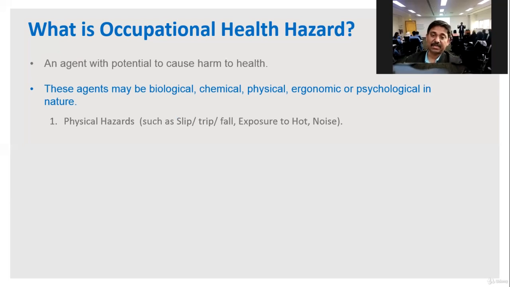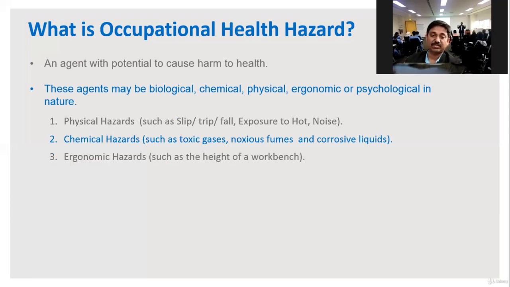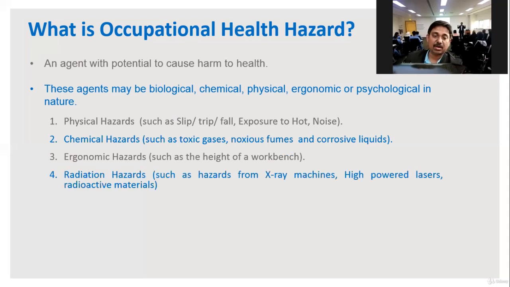Physical hazards, for example, slip, trip, falls, exposure to heat, noise, etc. Chemical, as we discussed, toxic gases, noxious fumes, and corrosive liquids. Ergonomic, as we said, because of the height of the workbench you are always leaning and working, your backbone starts paining, or you have a pain in your back. These kinds of things are because of ergonomic hazards.